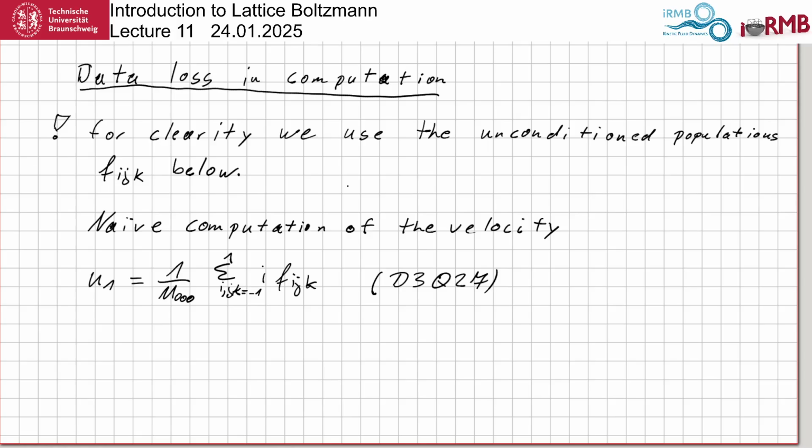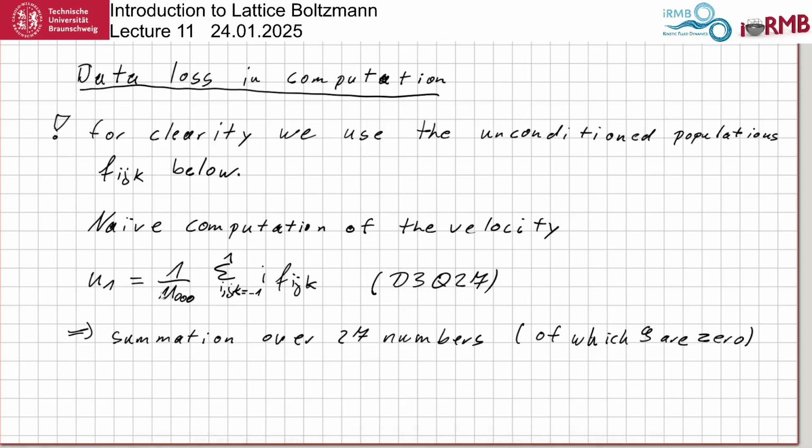So this is the way you can compute the velocity. So what are you doing? You have a summation over 27 numbers, of which 9 are actually 0, but this doesn't matter because adding 0 does not do anything in terms of round-off. Adding 0 is for free.